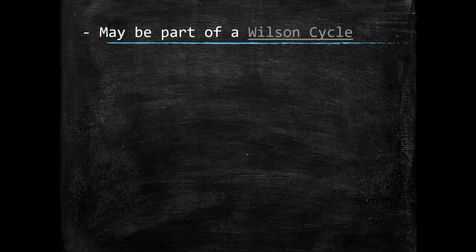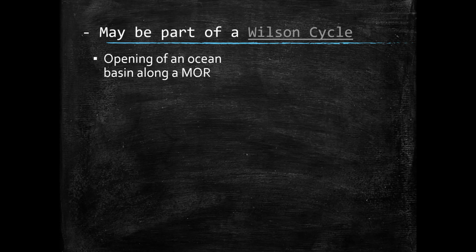What there's plenty of evidence for in the east coast of the United States is a phenomenon called a Wilson cycle. So the Wilson cycle is named after a Canadian geologist named Wilson, who came up with the idea that the opening and closing of an ocean basin may actually be cyclical, which is really cool.